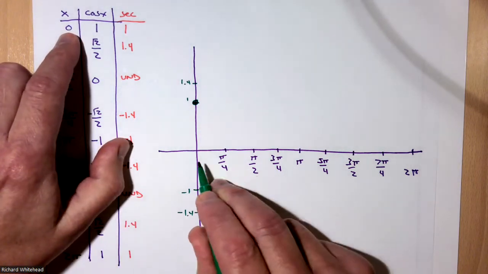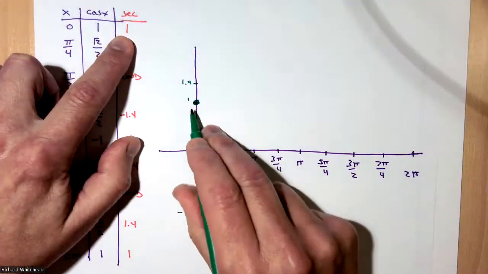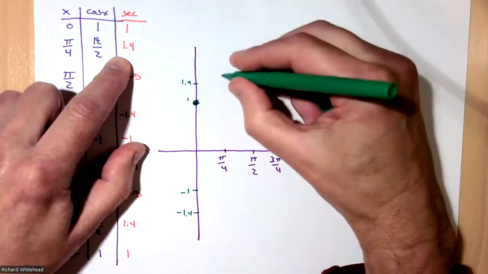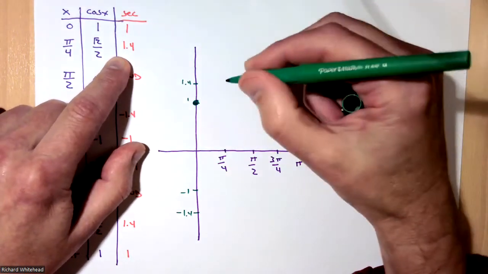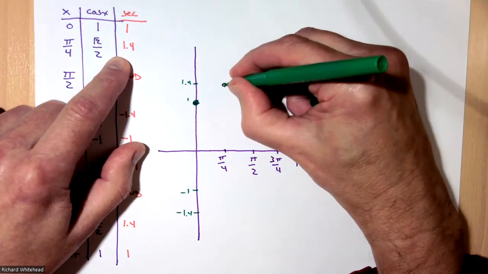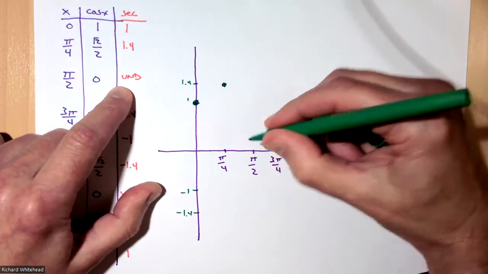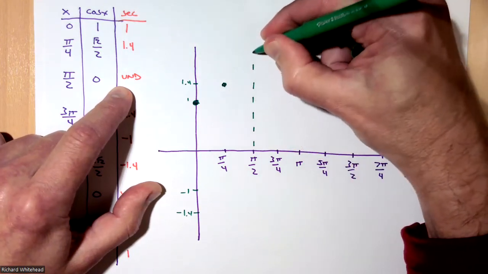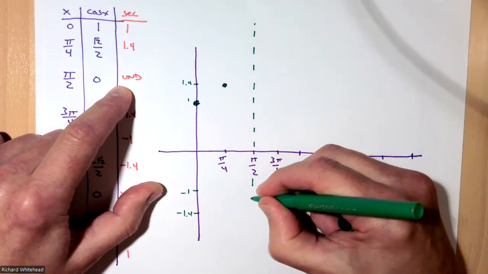So when x is 0, secant is 1. When x is pi over 4, secant is 1.4. When x is pi over 2, it doesn't exist. If it doesn't exist, that means we have an asymptote.